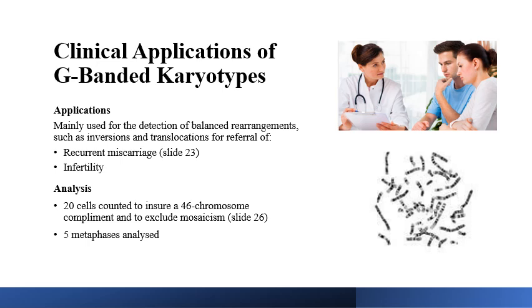As cytogeneticists, we usually look at 5 metaphases under the microscope and examine each band on each chromosome, as well as count 20 cells to ensure a 46 chromosome complement to exclude mosaicism. And I'll explain what mosaicism is in further slides.